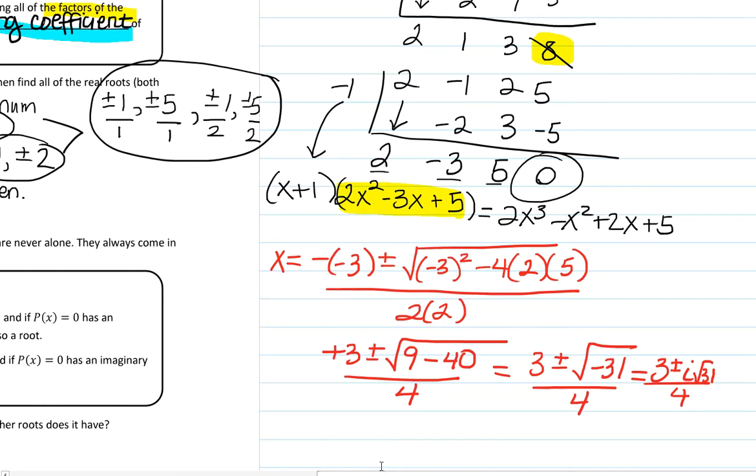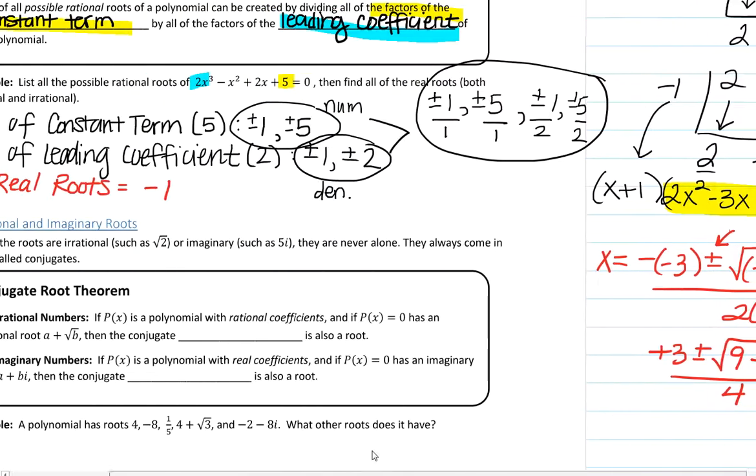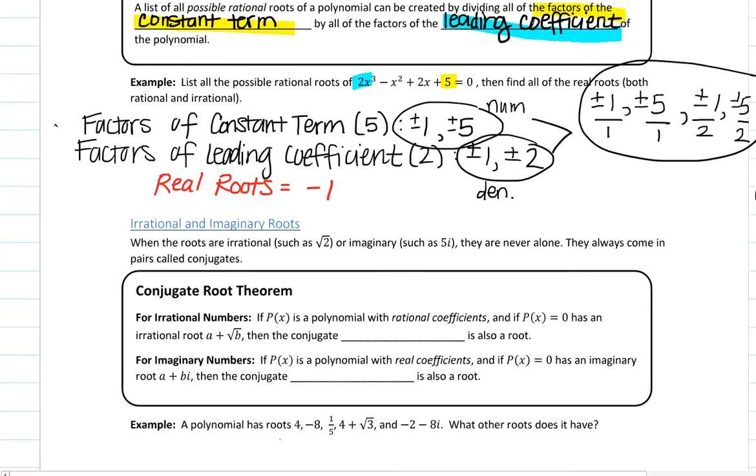If you think about the way the quadratic formula works, you're always going to have this plus or minus, and that's always going to give you two answers, one for the plus and one for the minus. Because of that, the irrational and imaginary roots are always going to come in pairs called conjugates. So this is called the conjugate root theorem.